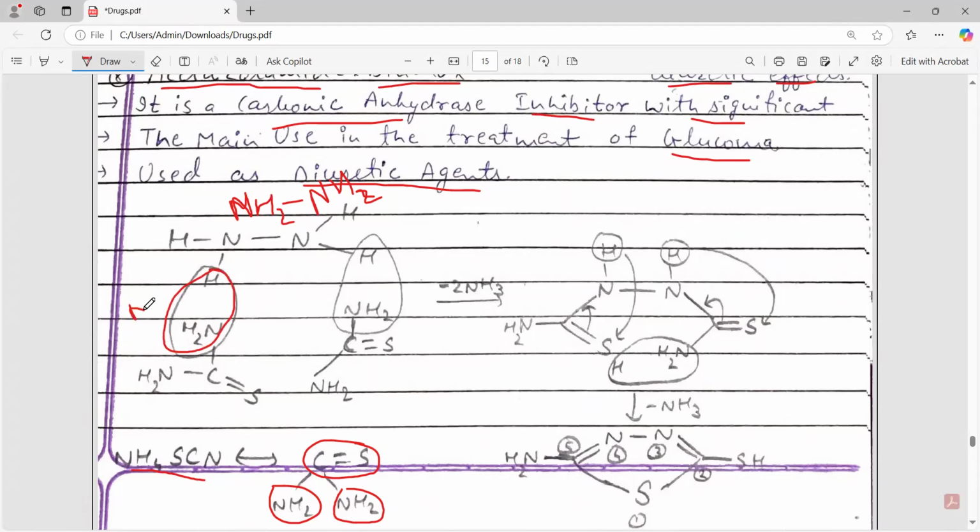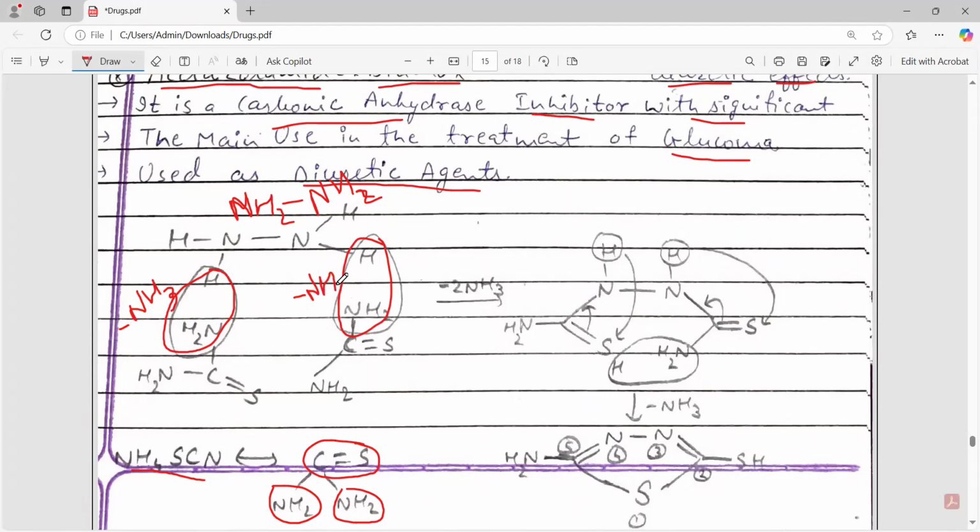So removal of ammonia from the first mole of ammonium thiocyanate, minus NH3. Here also H and NH2 will be removed, so a second NH3, minus NH3.